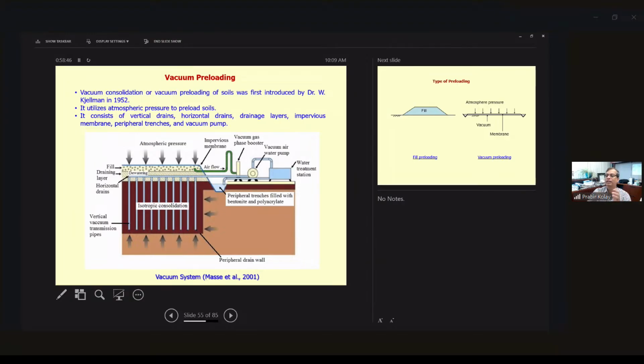Even for the construction site, they have a huge generator, since there is no electric supply there. So all this is a very expensive process. And because the soil is so soft, you cannot put a heap of soil and keep it for some time. It is going to fail.